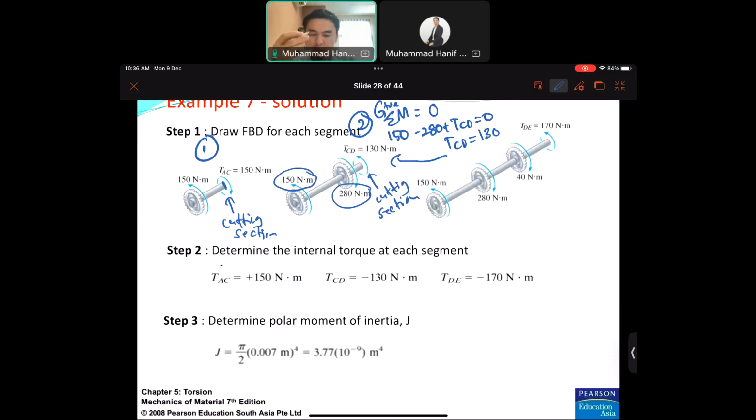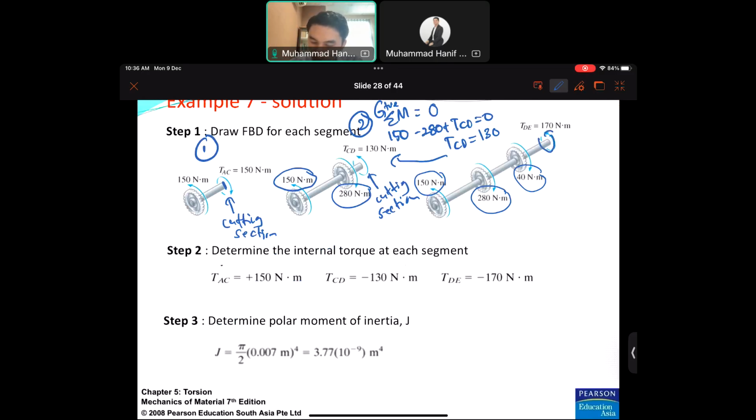Okay, so you have 150, 280, and 40 Newton meter for the external loads. And then the internal load is pointing in the different direction of the 40 Newton meter. You should be here, okay?